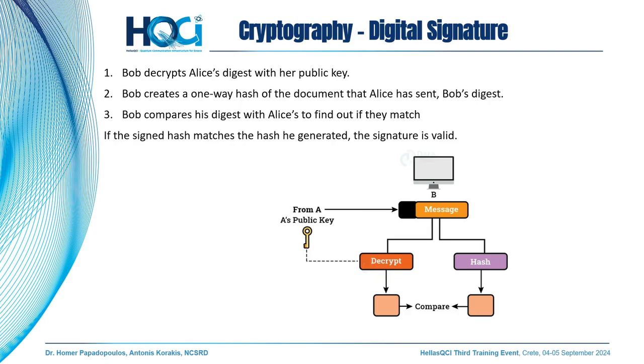He also decrypts the hash, the digest, with Alice's public key, which is public, and Bob has two hashes, two digests. These should match, and if they match, it means that the message comes from Alice. This is how the digital signature works.